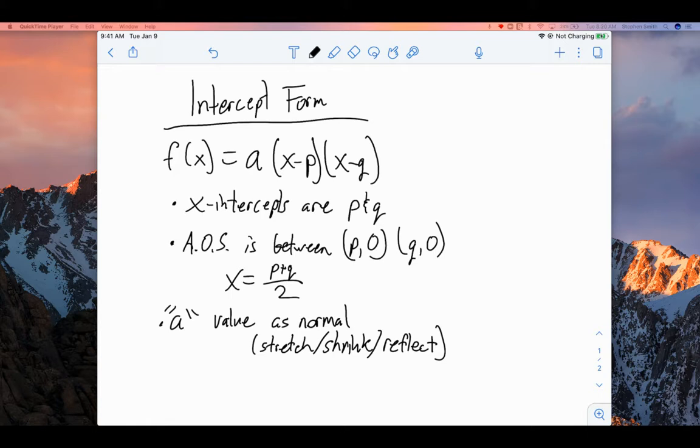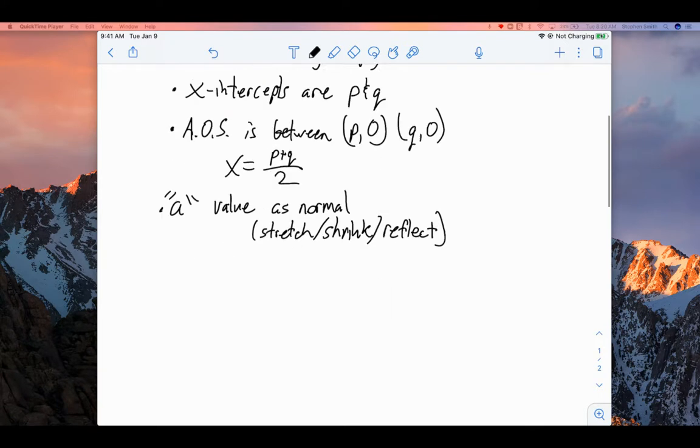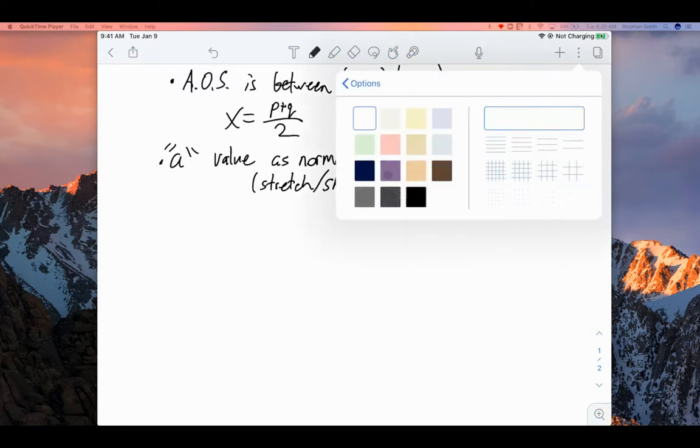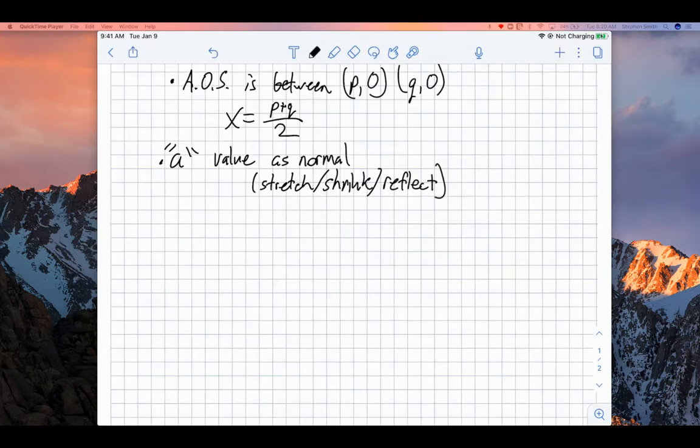Okay, quick, just like, hey, this is what it looks like in intercept form. Let's make some graph paper. We can have the vertex wherever we want.